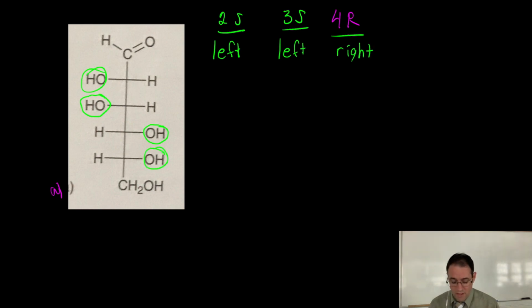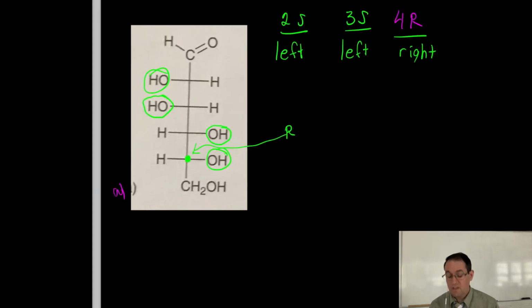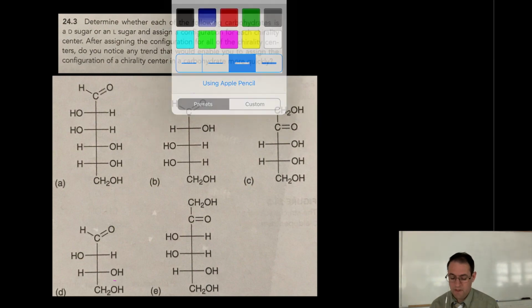So what we can say is that since this is on the right, this also would be the R configuration, okay? So if we go back to our problem here, let me scribble erase the answers that I've already gotten for this, to clean up this slide a little bit, okay?